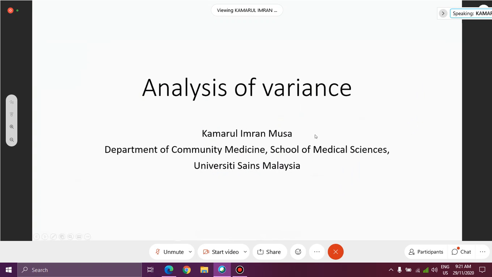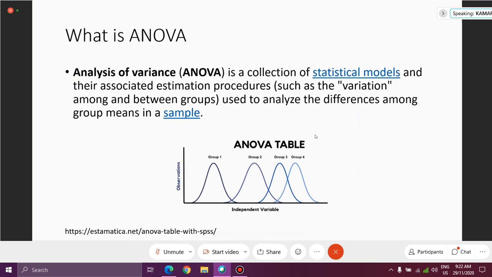All right. So this is the analysis of variance lecture. So what is ANOVA? Analysis of variance is also known as ANOVA. It is a collection of statistical models.